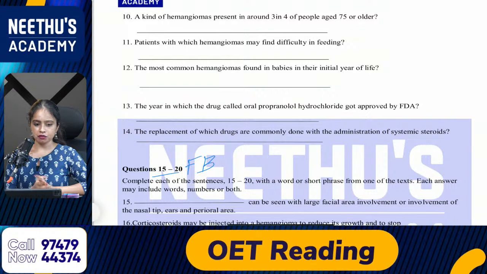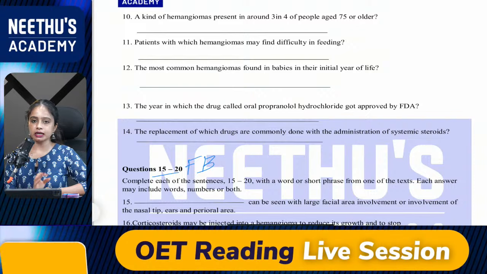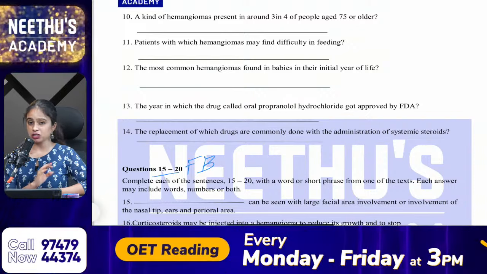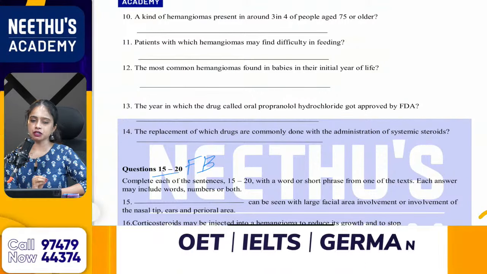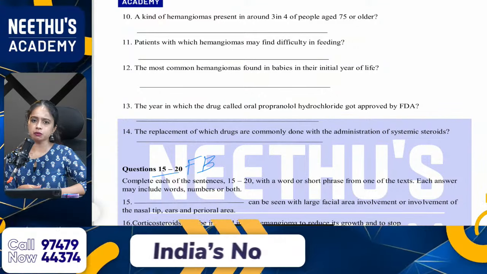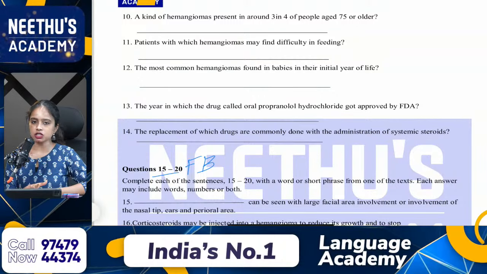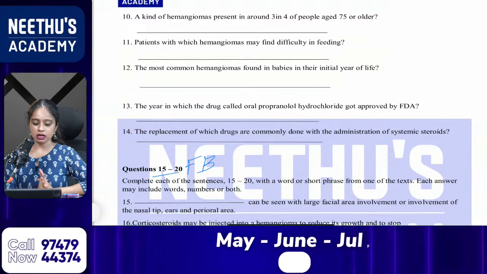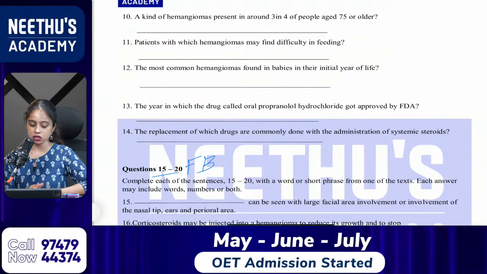And the final thing is to always give special focus to the first and last line of each and every paragraph. I'm not saying that you have to underline everything, just read carefully the first and last line of each paragraph, as well as the bullet points. You don't have to mark all the bullet points, but give special focus to them. So that is all about underlining or marking the keywords from each of the text.